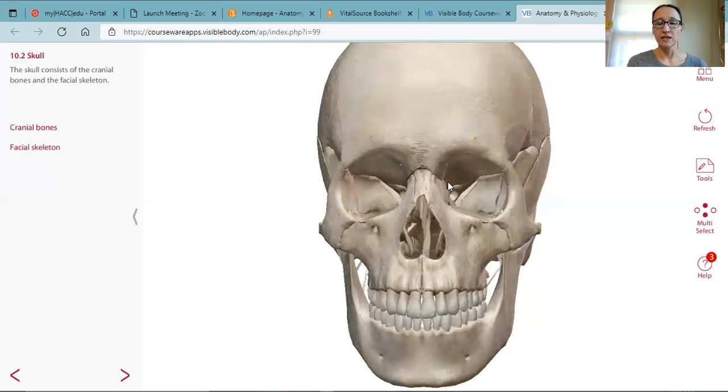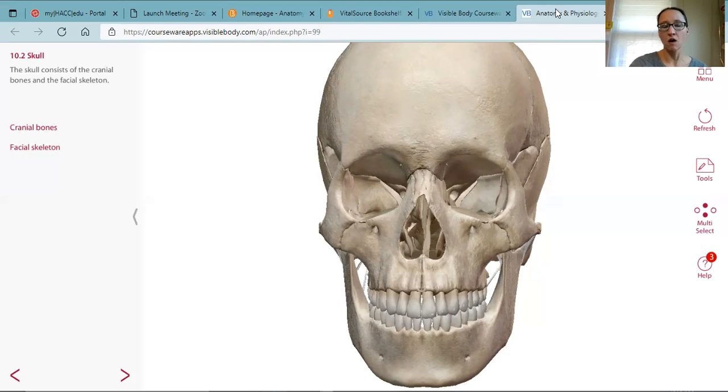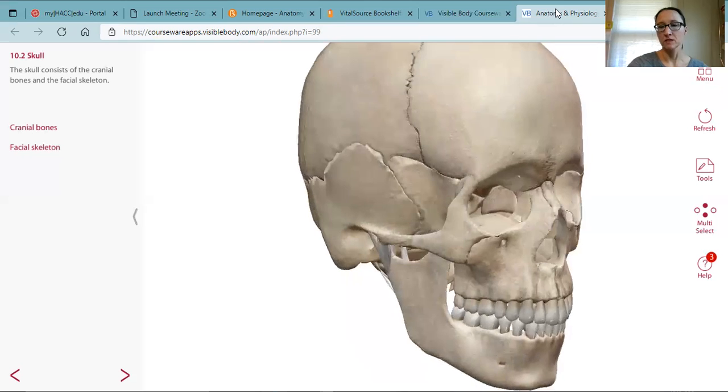So in your book, it begins with an anterior view of the skull. And here we are. And I like how they have colored each of the different bones so you can actually see the separations between them. When you look at a skull like this, it's not always easy to distinguish where one bone ends and another begins, especially when we get to the small bones inside the eye orbit.